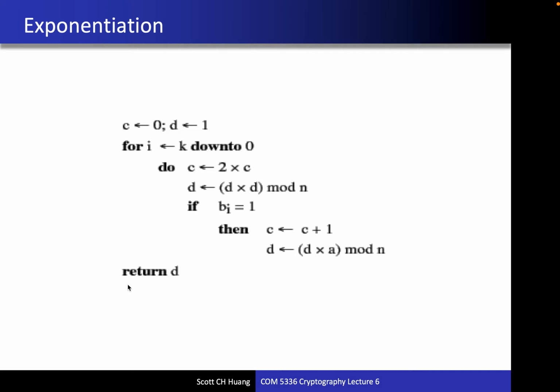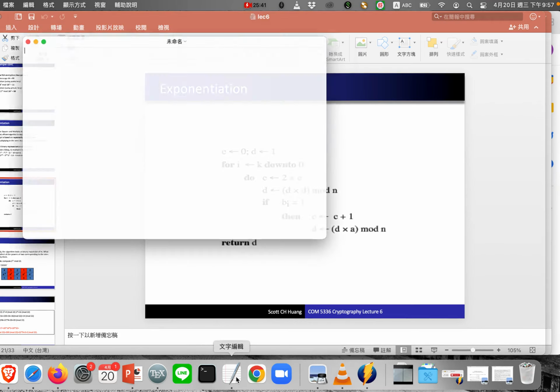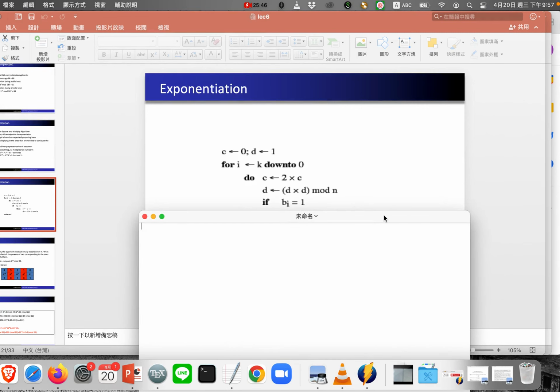Let me type this so you know what I'm doing. Let's calculate BA, where A is a point on the curve, and B is an integer.